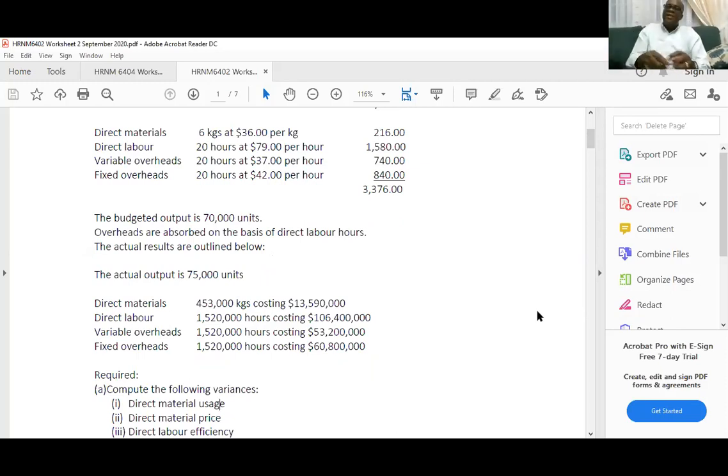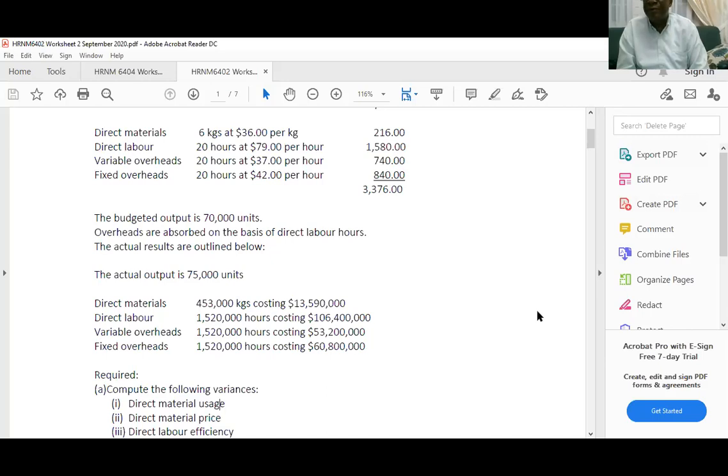Because what it's really saying is that if 1 unit ought to use 6 kilograms, then if we're using 75,000 units, we ought to use 6 times 75,000. We ought to use 450,000 kilograms.